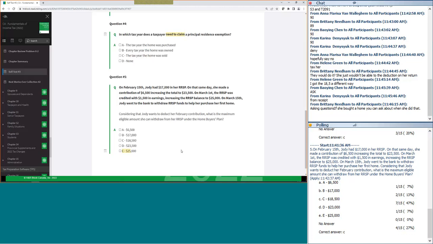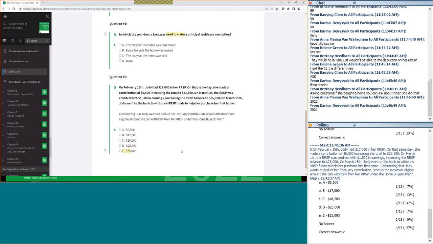This one is the trickiest to find because she may not bring you her January, February 2021 receipt. Which tax year is connected to that contribution? The 2020 tax year. So it's even messier because she may not bring you the receipt. She's not going to get it for this year. She already got it for last year.